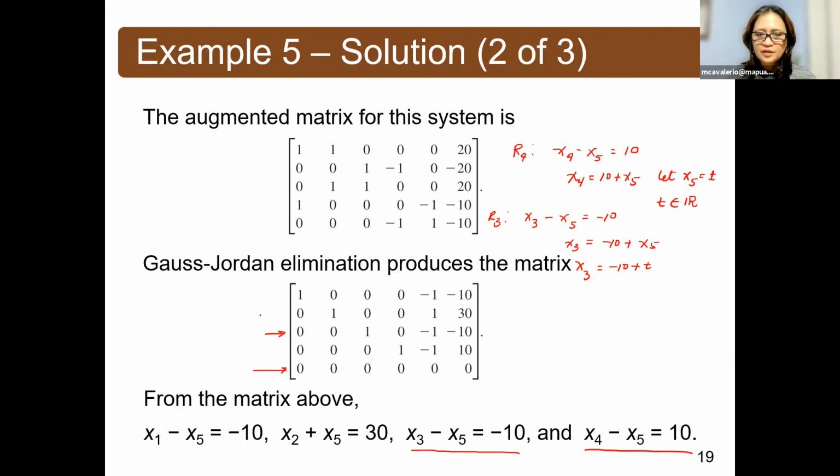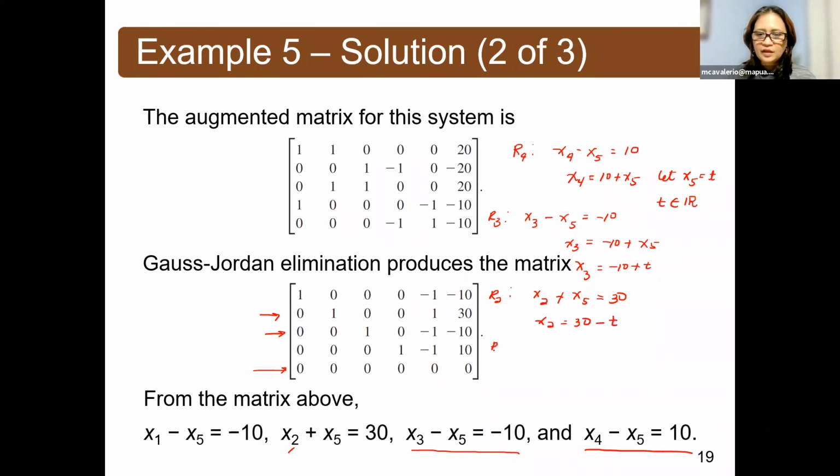Considering row 2, we have x sub 2 plus x sub 5 equal to 30. Therefore, x sub 2 is simply 30 minus x sub 5, or 30 minus t.